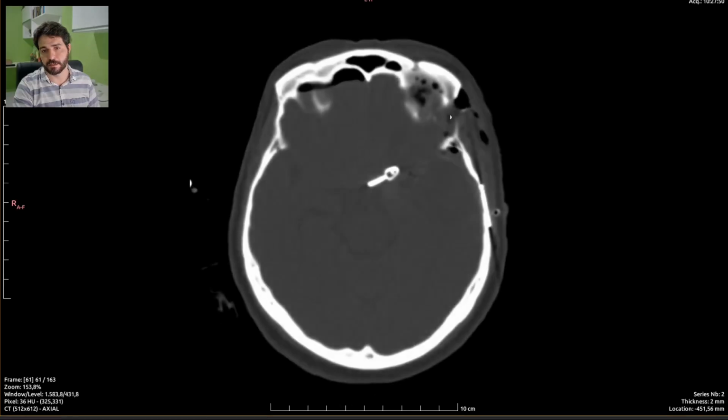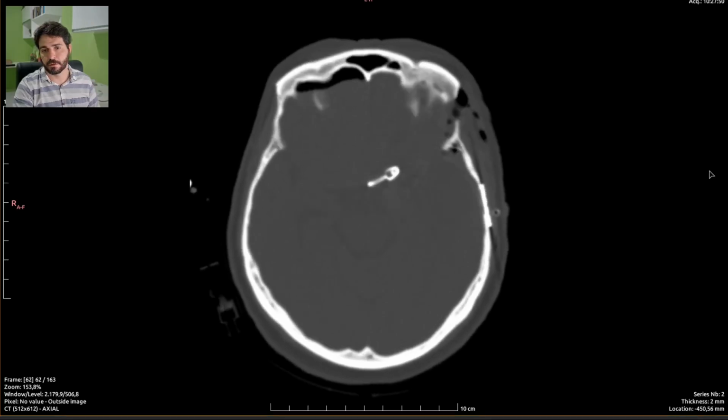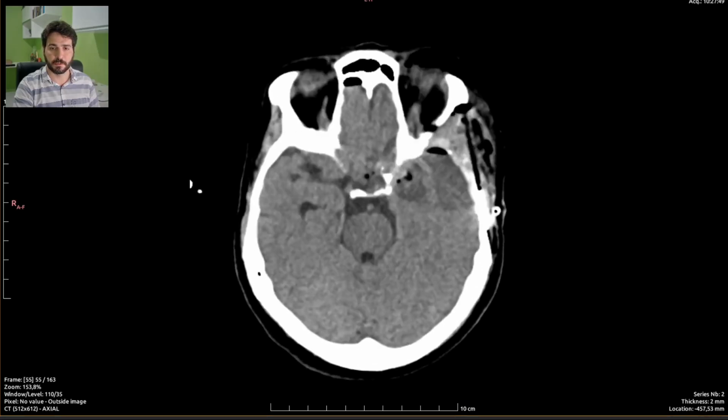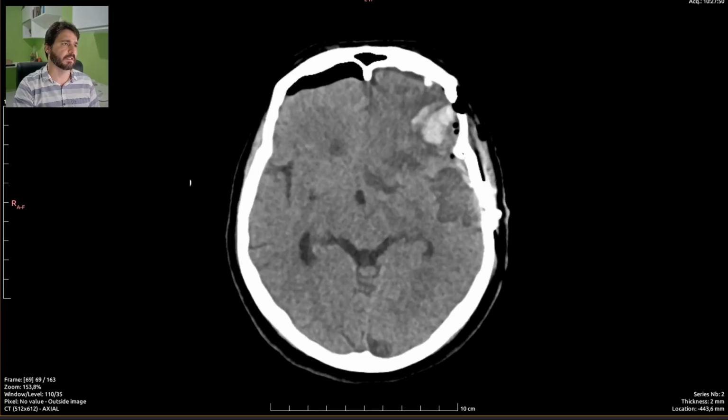This is the metallic device that closes up the so-called aneurysm. This is probably an anterior communicant artery aneurysm. Is that how it's called?